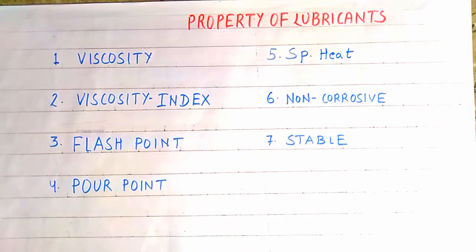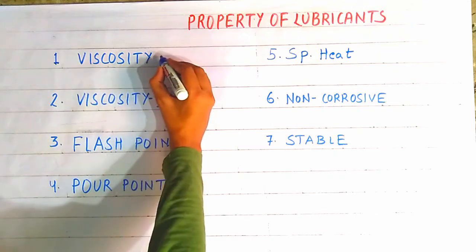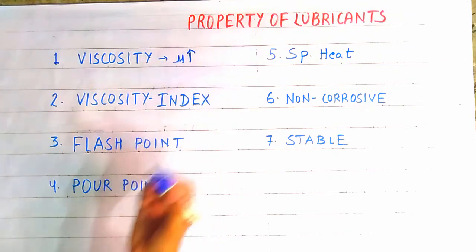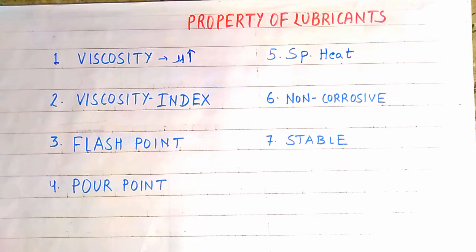So in journal bearing, greater is the viscosity, here denoted by mu, better will be the formation of the fluid film, and a stable fluid film is required in journal bearing. So viscosity of the oil is a desired property required for the stable operation of the journal bearing.